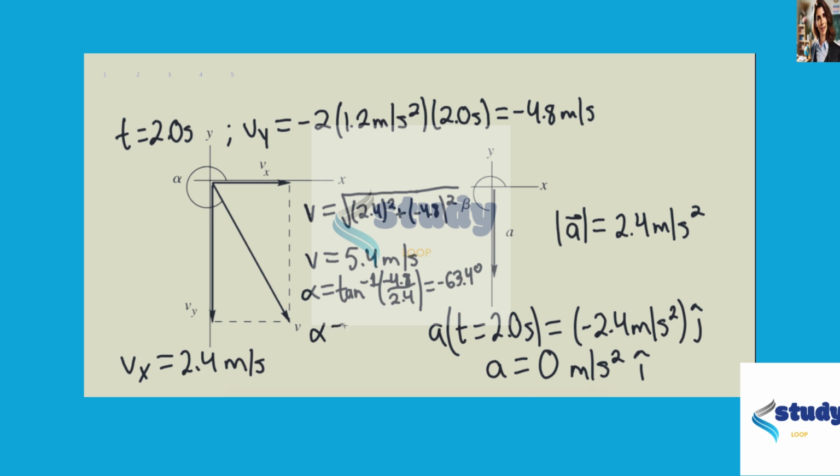If we then add 360 degrees to this, alpha would equal 297 degrees, measured from the positive x-axis. So this angle going around would be 297 degrees for the velocity vector.